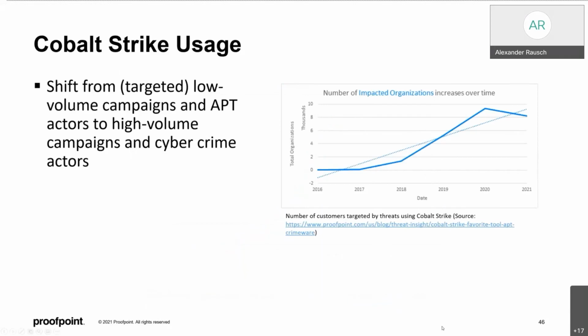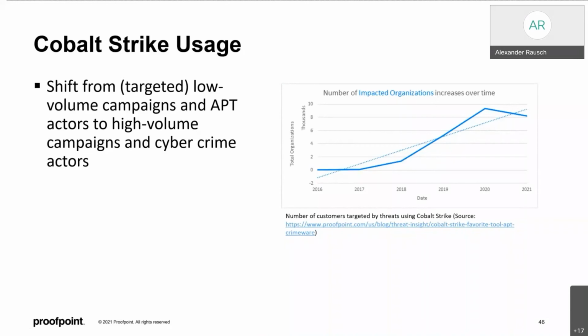CobaltStrike is currently used more and more by cybercrime and general commodity malware operators than by APT and espionage threat actors, which have been using CobaltStrike a lot in the past. That's why we can see a shift from low volume targeted APT campaigns to high volume widespread cybercrime campaigns.